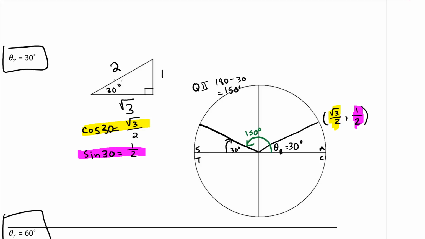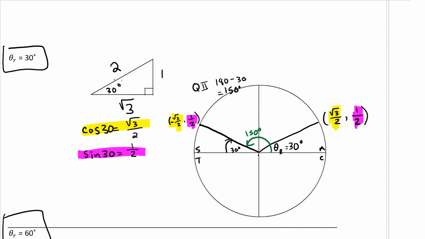And since they're related, it means that the number bits with the sine and cosine are going to be the same. So that means it's going to be root 3 over 2 comma 1/2. But we know that only sine is positive, so our cosine becomes negative. So the cosine of 150 is negative root 3 over 2. The sine of 150 is 1/2.